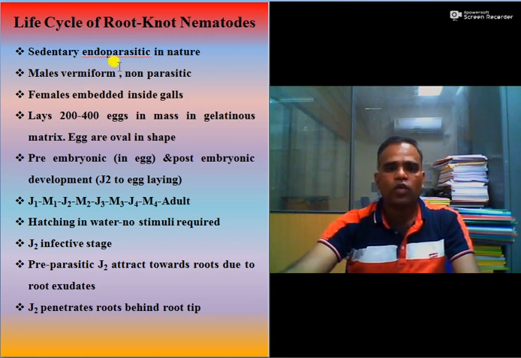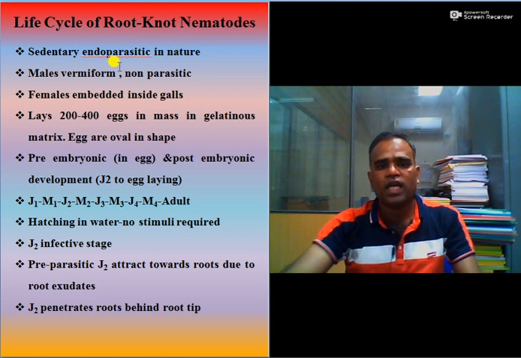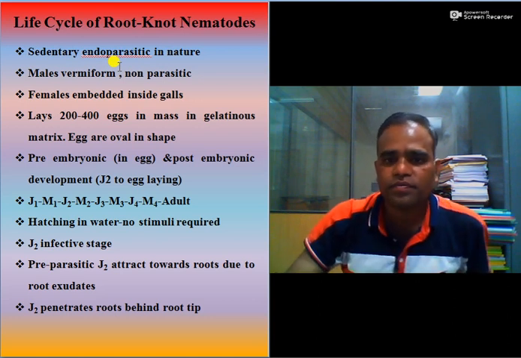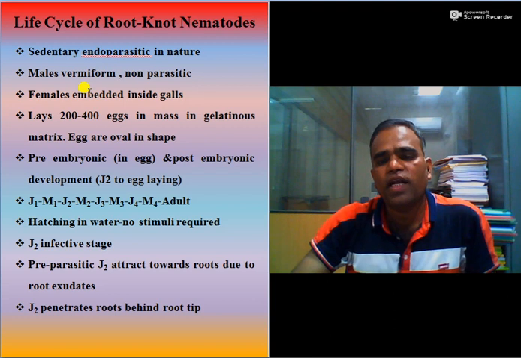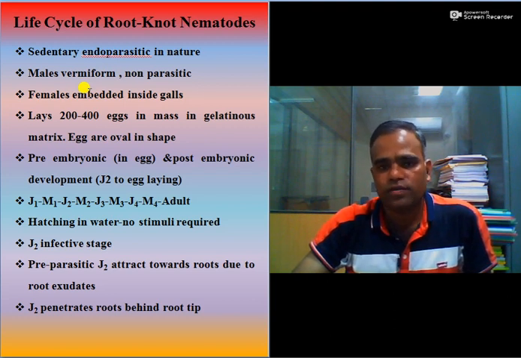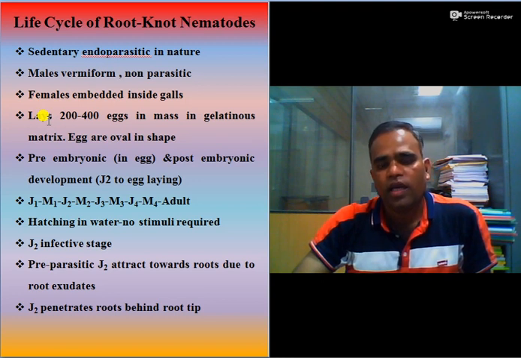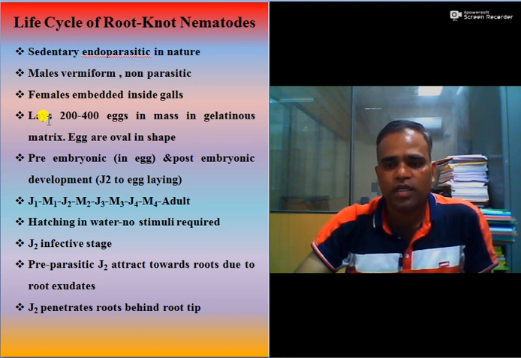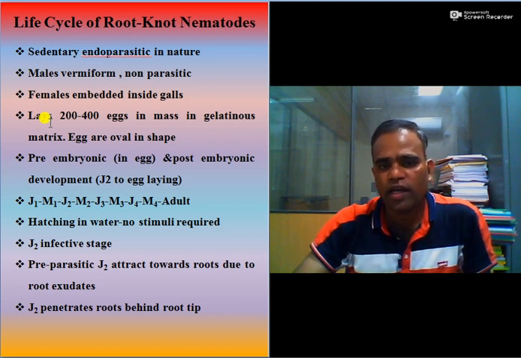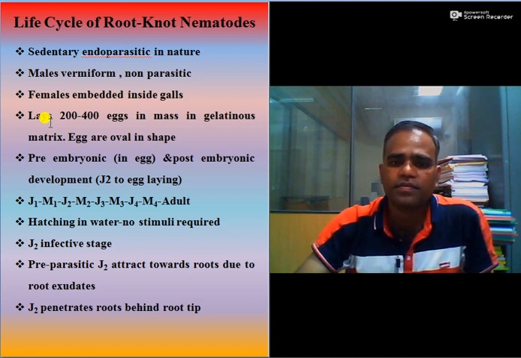Males of this nematode are vermiform. These are not parasitic. Females are embedded inside galls. They lay eggs in groups, about 200 to 400 eggs, in a gelatinous matrix which is secreted by rectal glands.